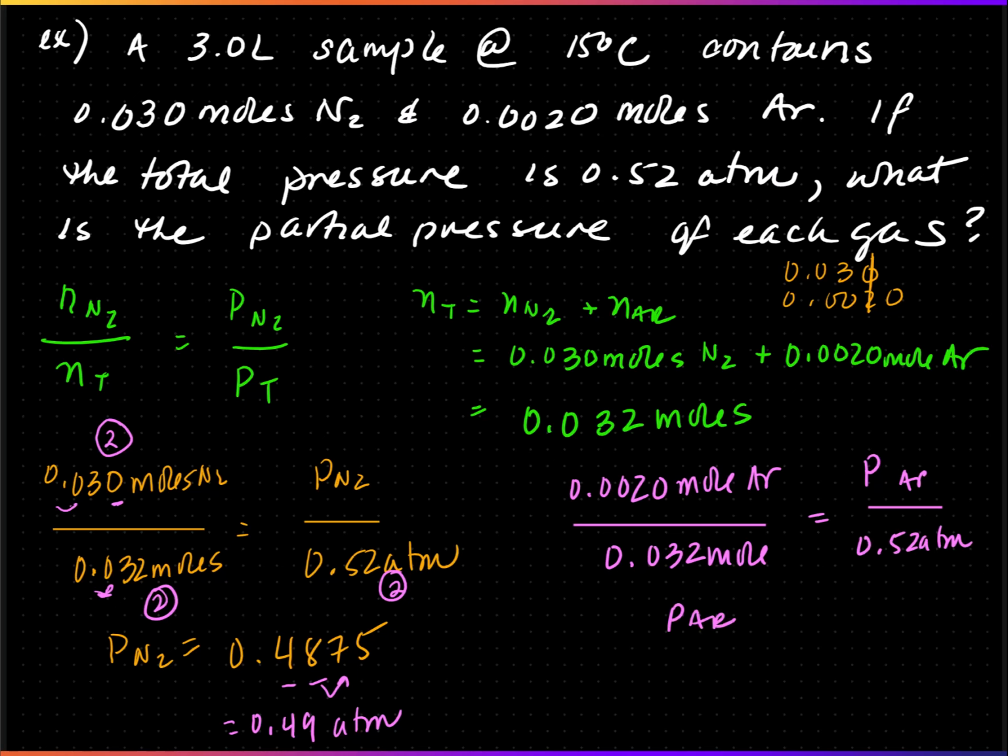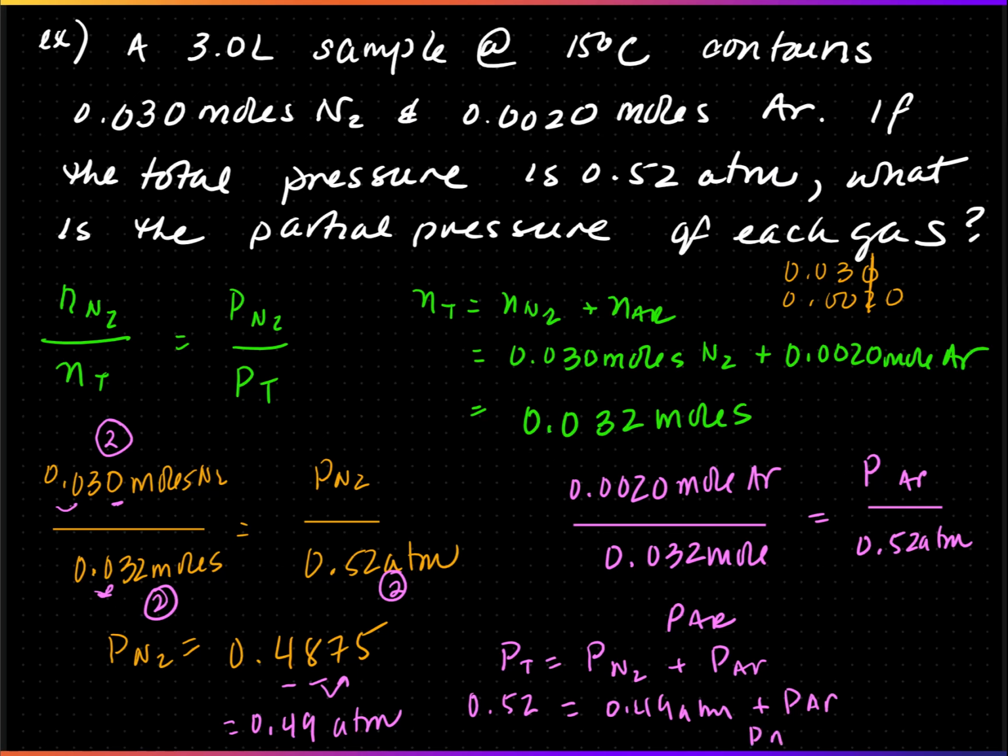The other way we could do this, which is a lot easier and faster, is that P total has to equal the pressure of nitrogen plus the pressure of argon. Since we know the total pressure is 0.52 and we know the pressure of N2 is 0.49 atm, if we subtract, we can find the pressure of argon.